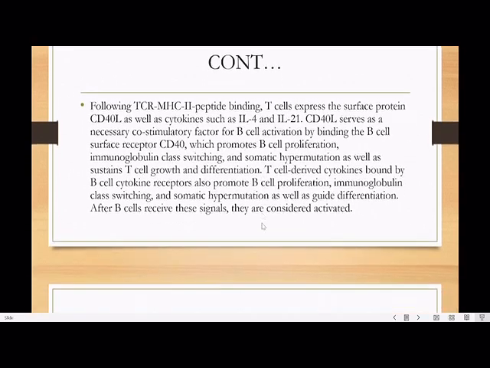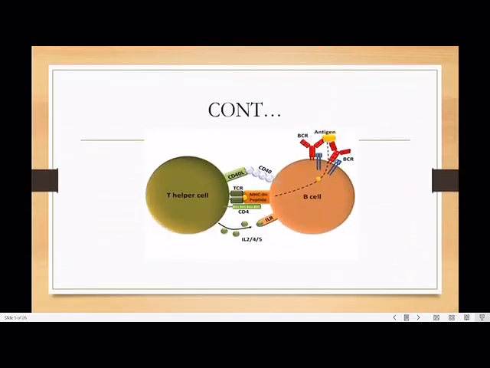We can see here in the image the T helper cell. The first step is antigen recognition and binding by the B cell receptors. You can see a foreign antigen being recognized, and it binds to the receptors of the B cell.